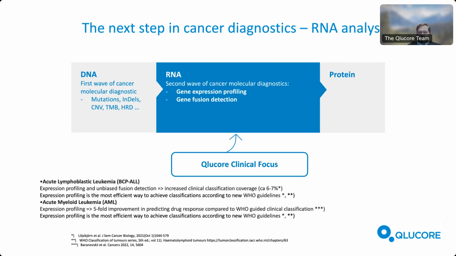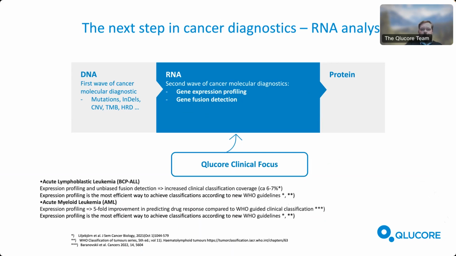And this means that more tumors simply are correctly classified and can thus be appropriately treated, which is a good thing. The World Health Organization states in their latest update that expression profiling is the most efficient way to achieve correct classification of tumors, which is also promising.